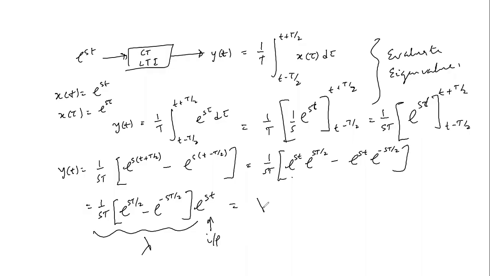So say this is the same as lambda e^(st), where the eigenvalue is given as 1 over sT, e^(sT over 2) minus e^(minus sT over 2).